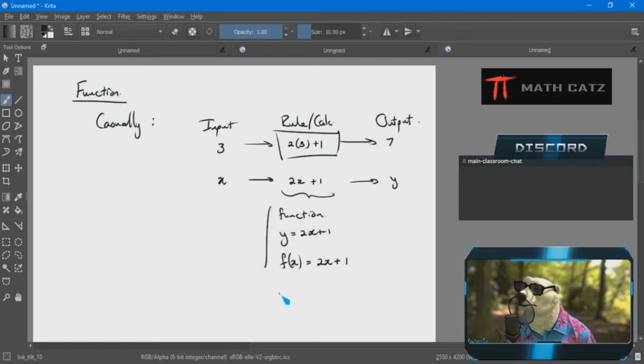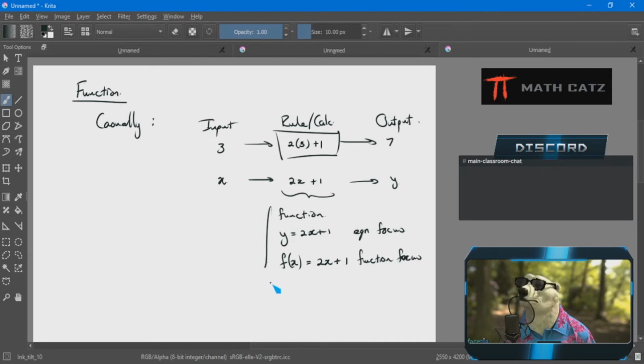These are all the same. It really depends on my focus. This one, the y equals 2x plus 1, has an equation focus. I want to focus on the two variables in relation to each other in an equation. The f of x version has a function focus.